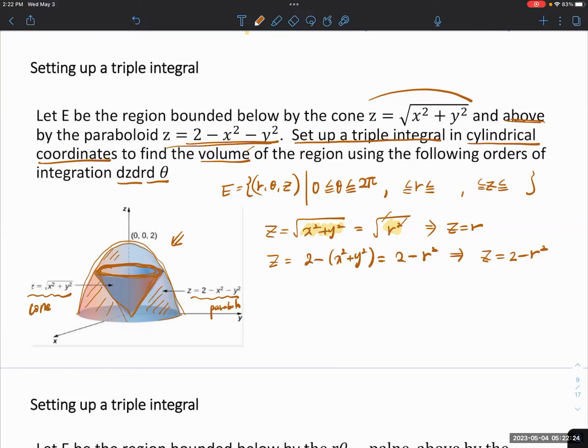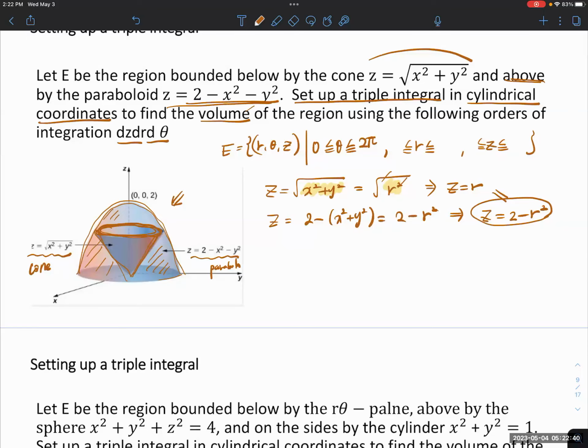Thank you. So we found two things: z equals r, and z equals 2 minus r squared. The two z's are equal to each other. So what does it mean here? We can say r equals 2 minus r squared, because I want to find the interval for r, theta, or z. So here I'm going to solve r squared plus r minus 2 equals 0.